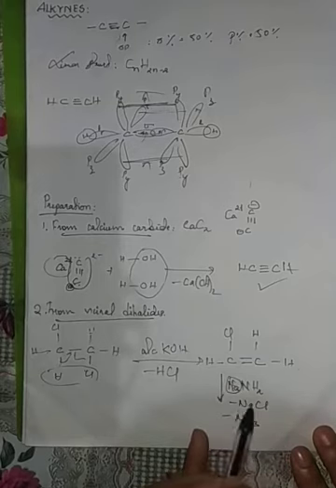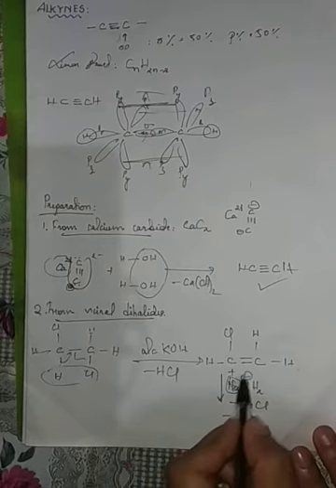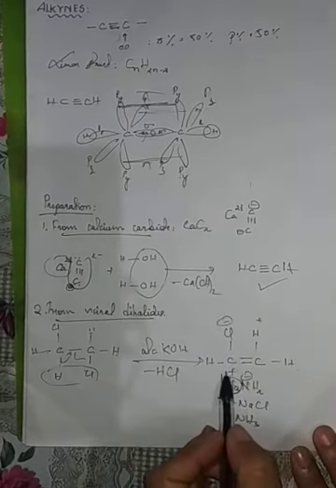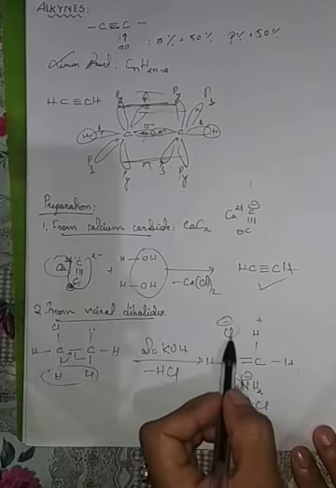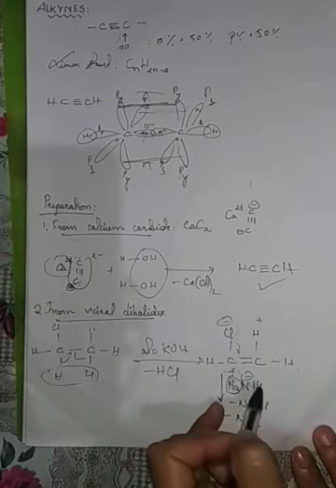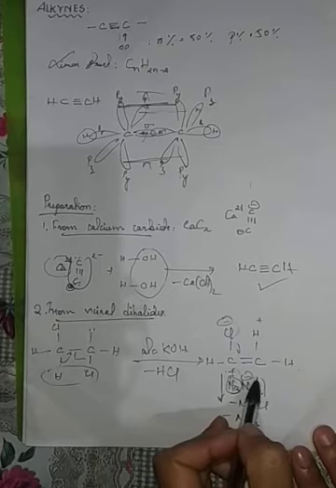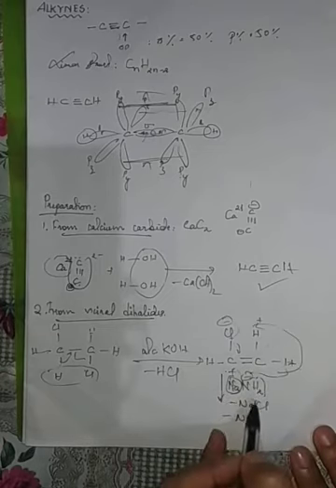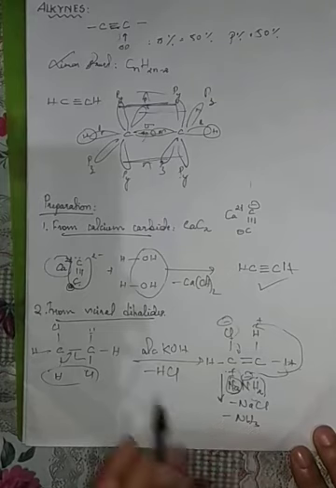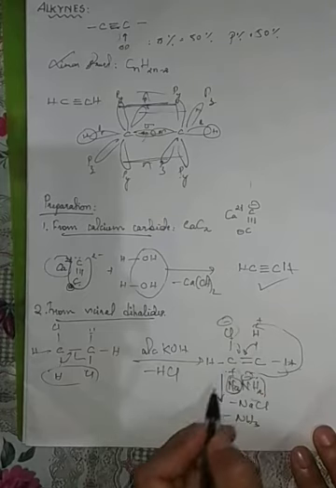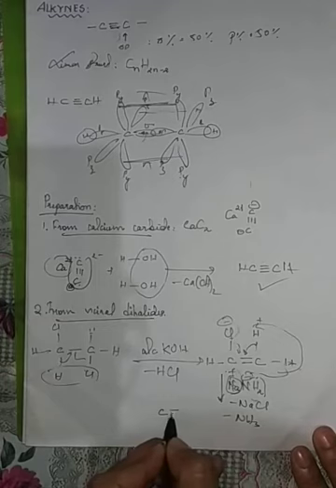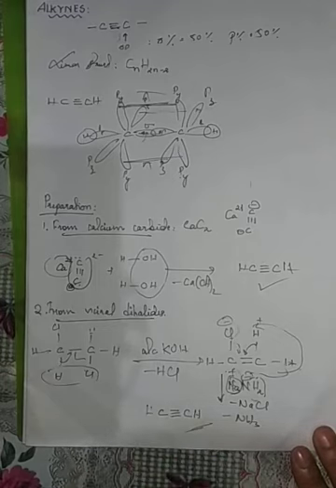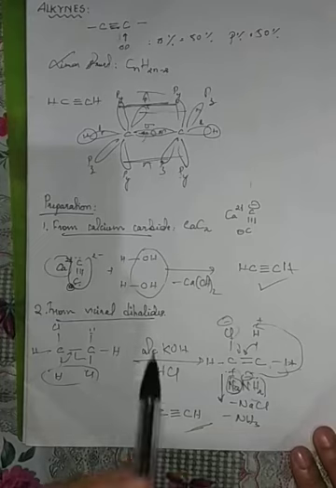This Na plus would take this chlorine away with it, and the NH2 minus comes and takes this H plus, and there is removal of an ammonia molecule. Therefore, we'll be getting our carbon-to-carbon triple bond in this way. So, these are the two methods in which alkynes are prepared.